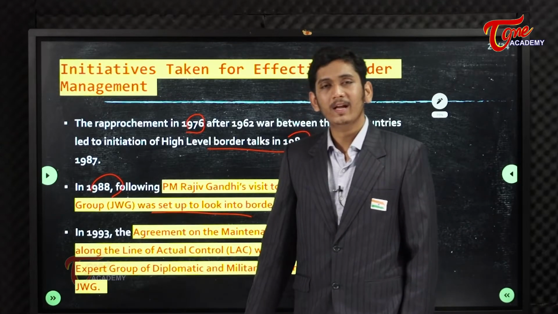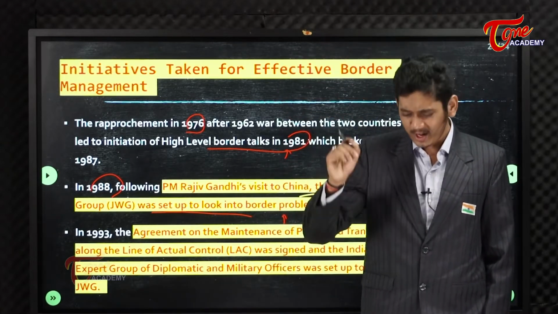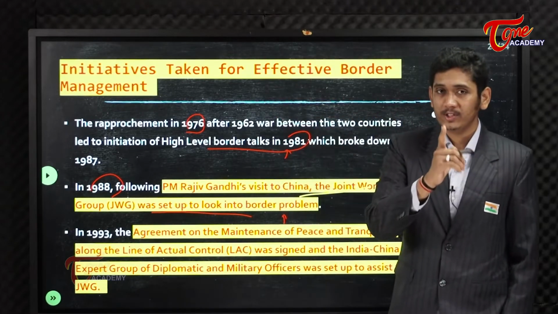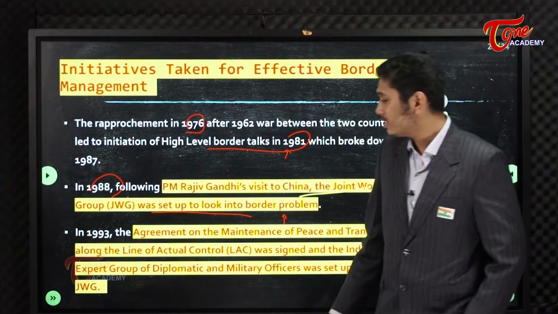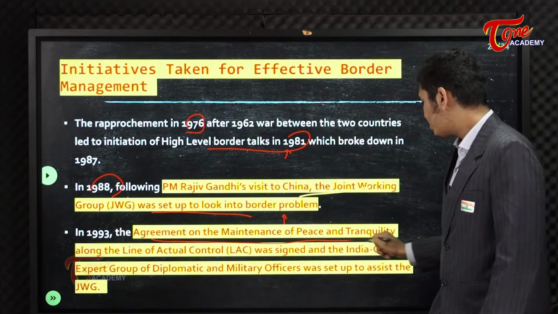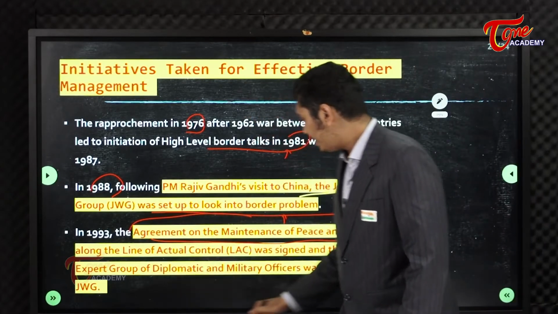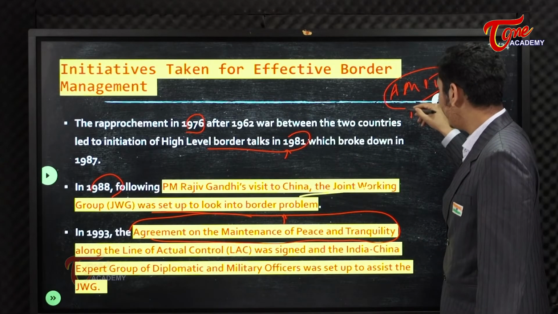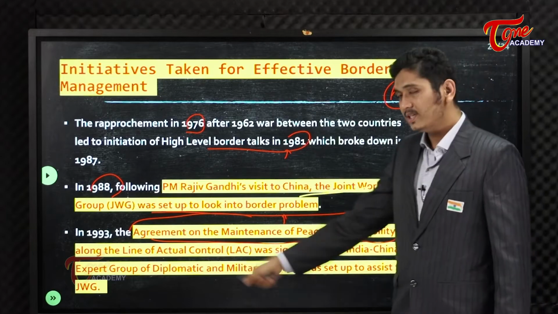Then an important agreement was made, a very important agreement in 1993. One needs to note down this agreement for sure. This fetches you good marks. What is that agreement? The Agreement on the Maintenance of Peace and Tranquility, AMPT, in 1993.